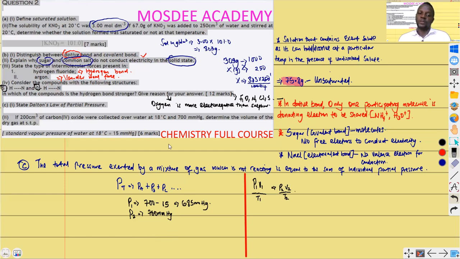So the question asks for the volume, whereby you were given one particular volume. V1 was given, yes, we have 200 centimeter cube. So keeping it simple is the best thing. So now we just plug that into the formula.